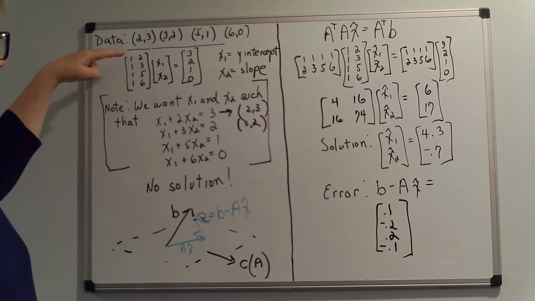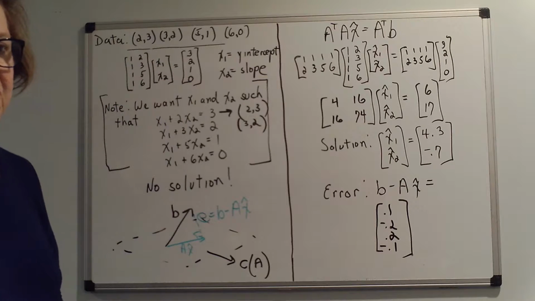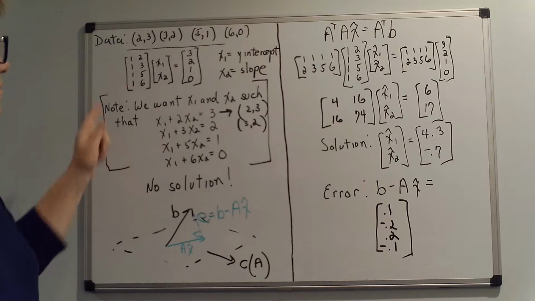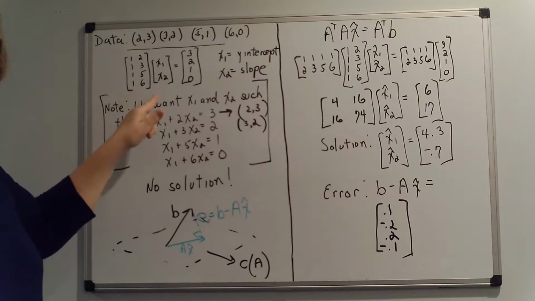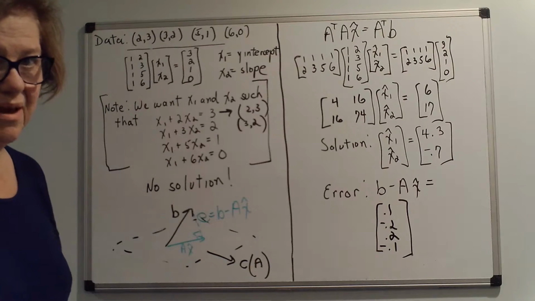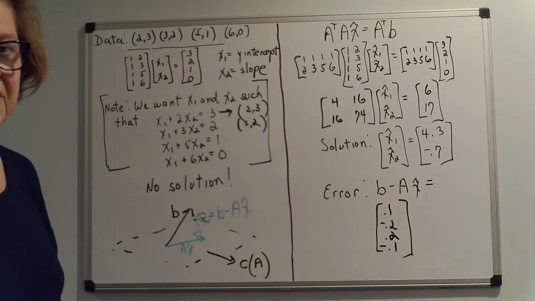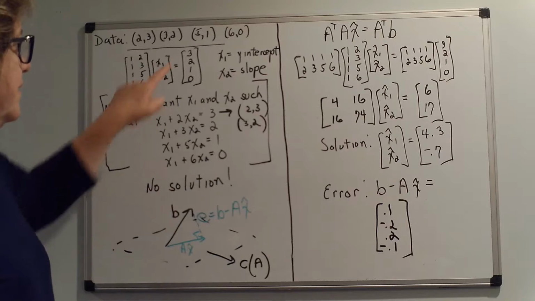If you write the augmented matrix for this system and do the row reduction, you're going to get a row with zeros except in the last column, the augmented column, where there's an entry that's not 0, and that indicates no solution.